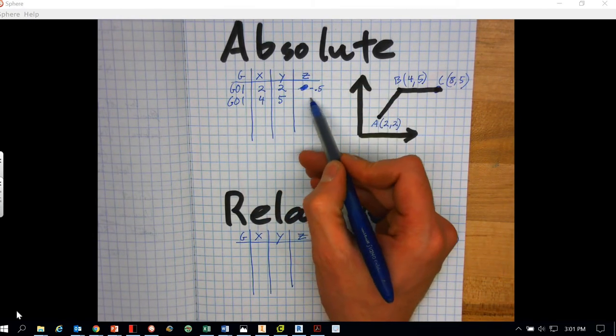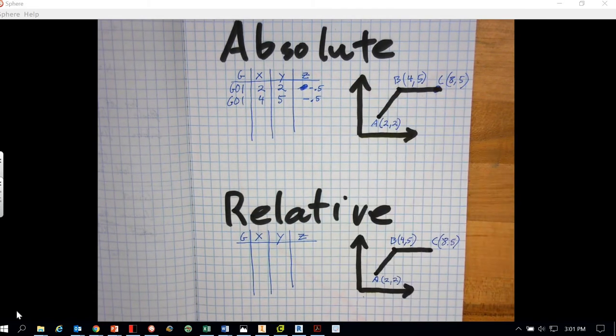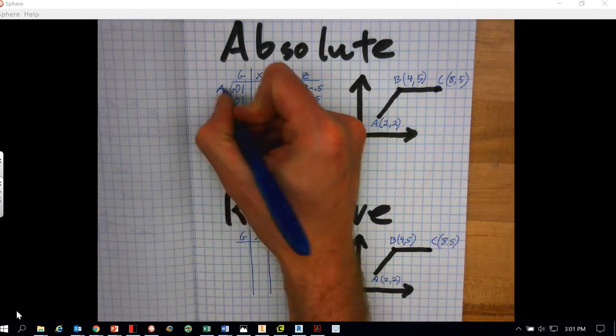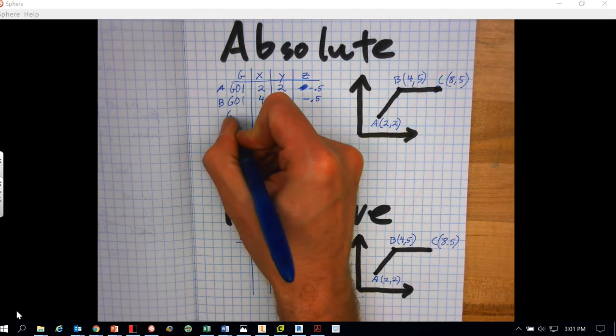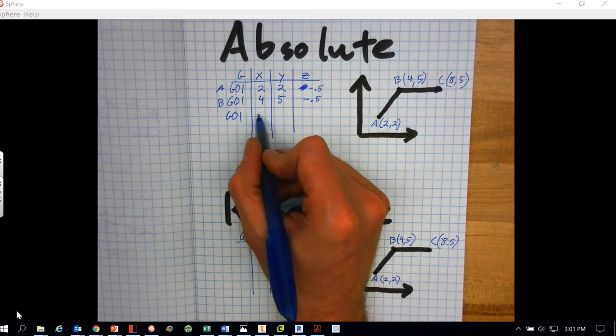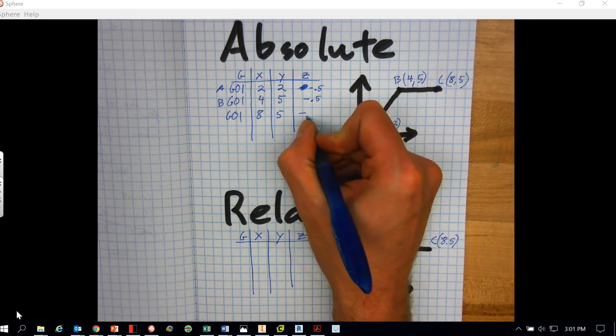And you could put negative 5 there, but you don't have to, but I'm just going to put it in there just for our purposes. Okay, so we went from here's A, this is B, and then G01 for C is going to be 8, 5, and we can leave it at negative 0.5.